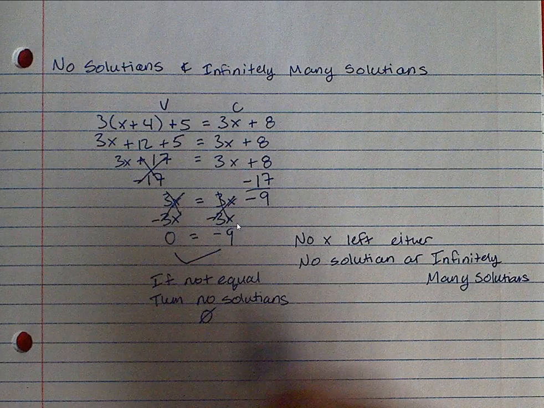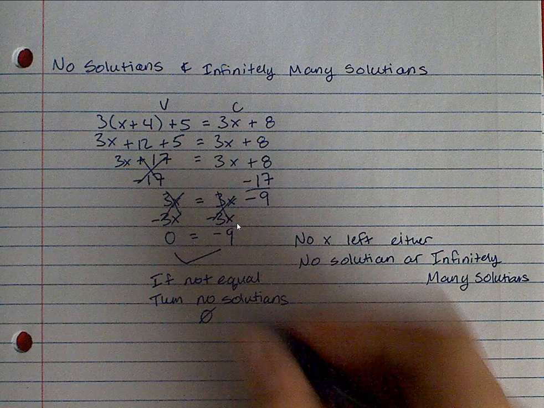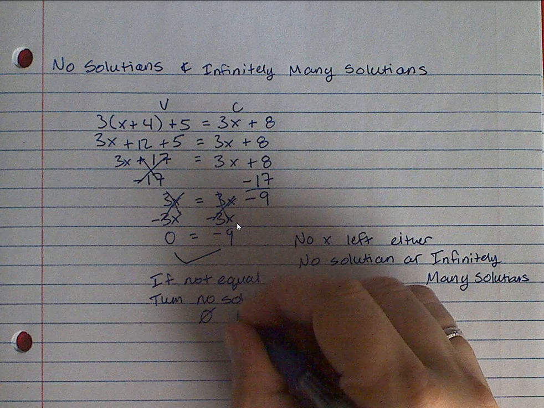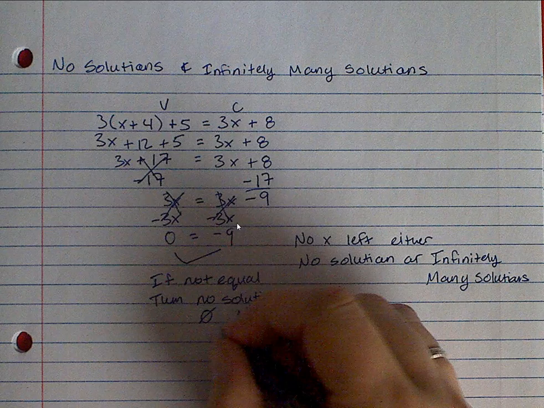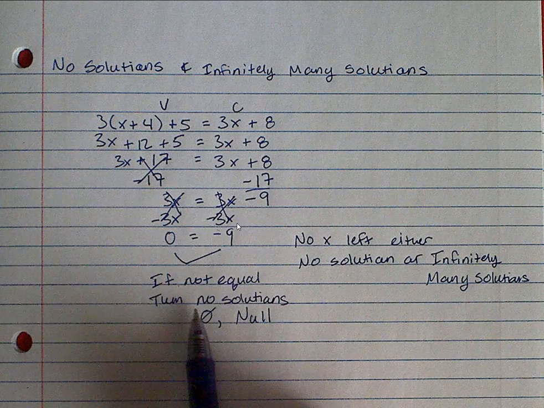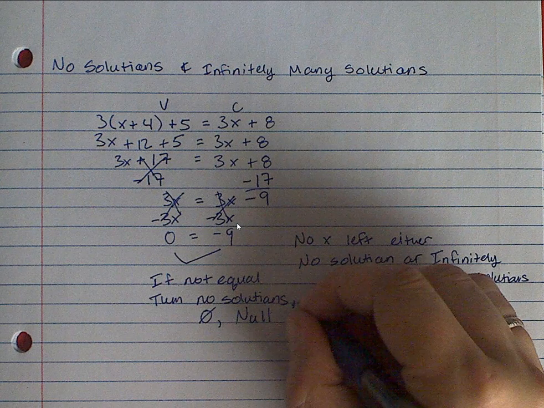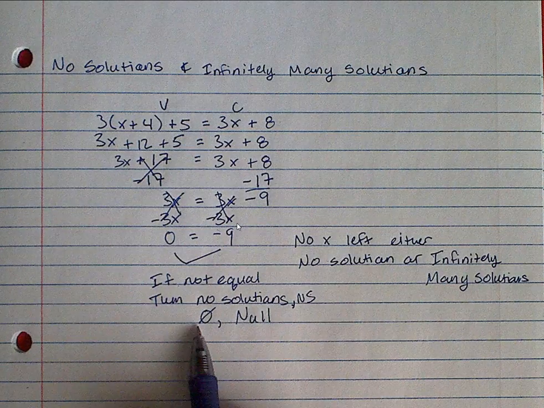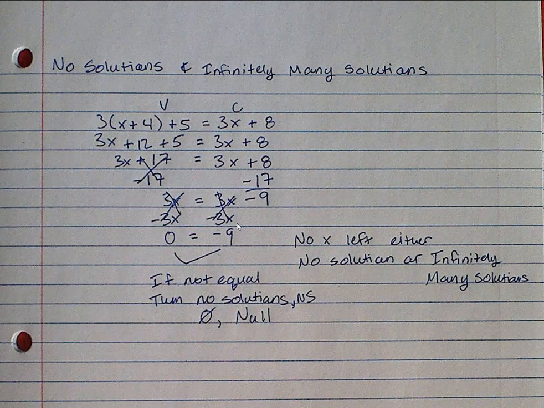But in math, the 0 with the line through it is called the empty set. And then the other thing you could do is write the word null, N-U-L-L. The word null in math means no solutions. So you could either write no solutions, or I'd even be okay if you abbreviated it NS. You could write 0 with a slash through it, or you could write the word null. Any of those would be fine.